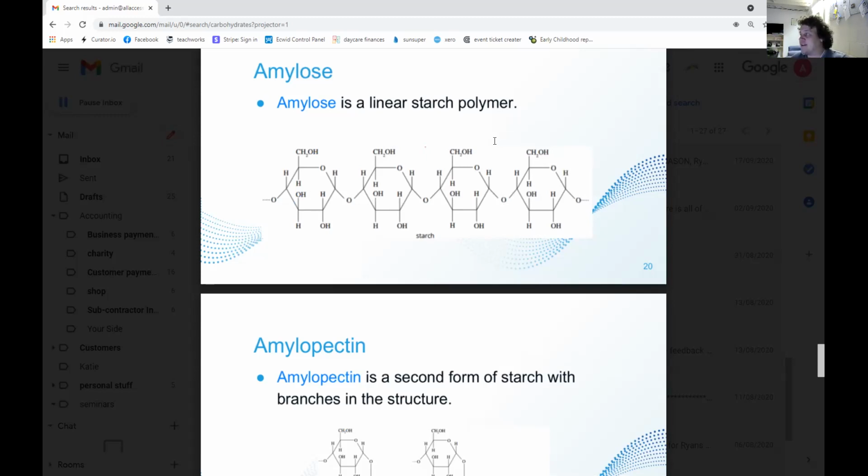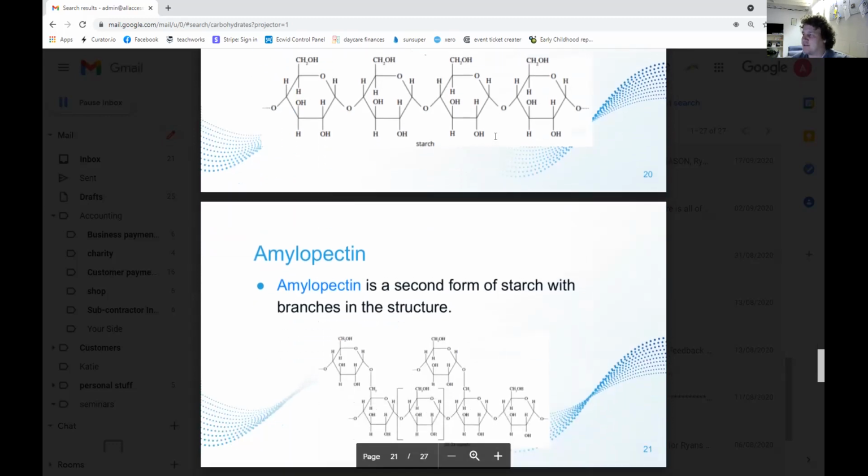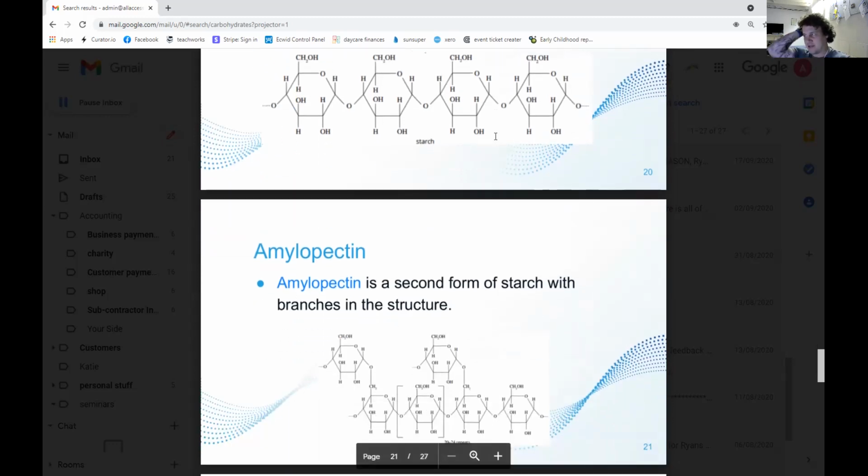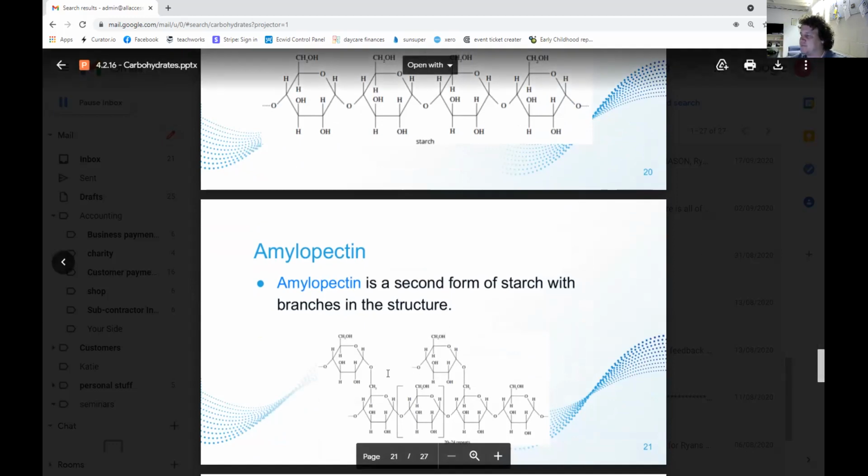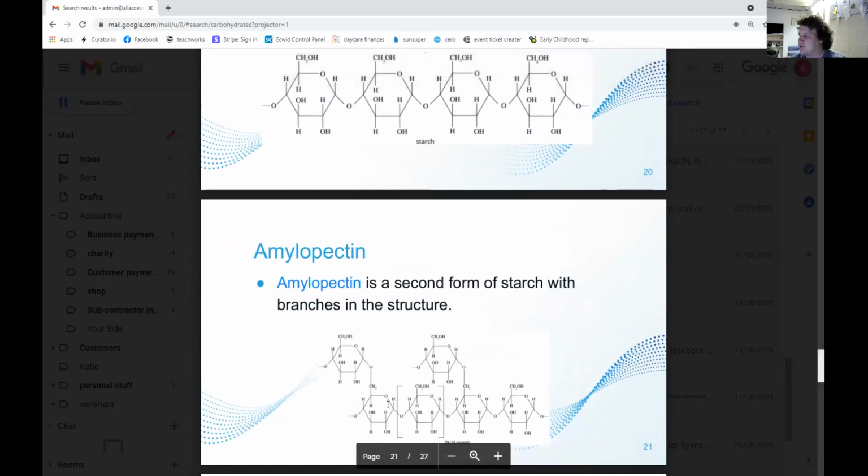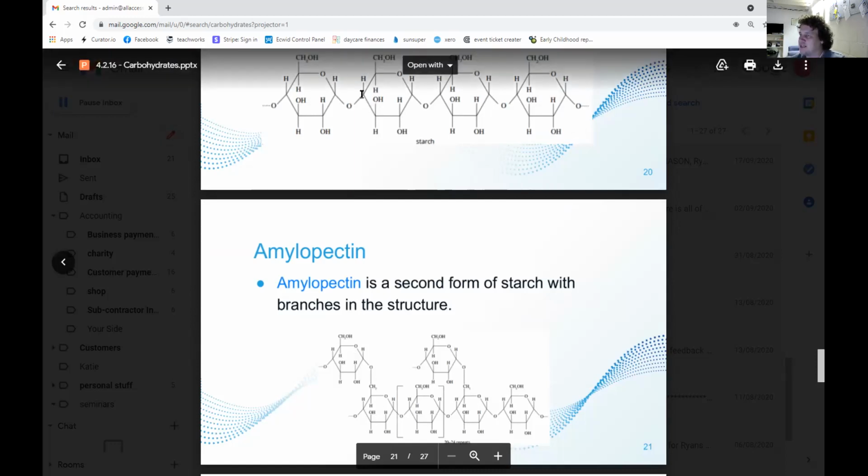Amylopectin, and again, just like with our hydrocarbons, amylopectin has branches. So with amylopectin, we've got our linear molecule, but then we also have branches of glucose coming off, and they're all linked by this glycosidic bond or oxygen.